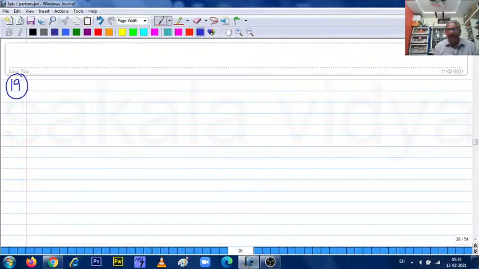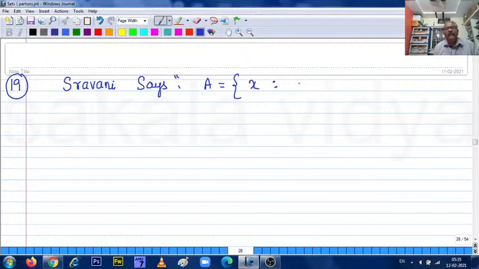19th question. Shravani says A is equal to X such that X plus 5 is equal to 5, X belongs to whole numbers, is a null set.